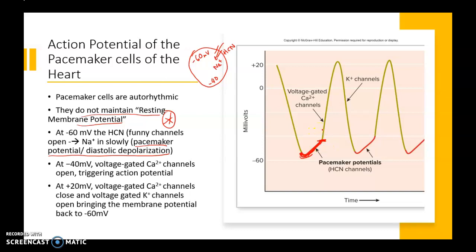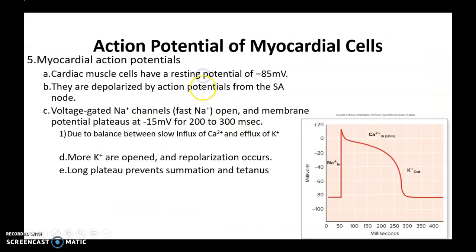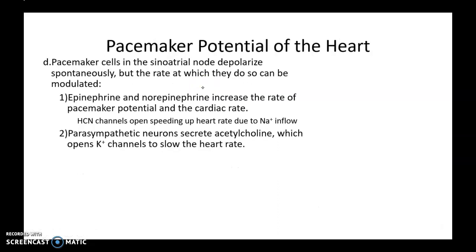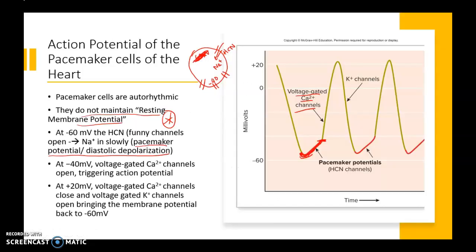what happens? At -40, voltage gated calcium channels open up. At this point you will have all these voltage gated calcium channels open up. And as these channels open, what rushes in? Calcium. So now you will have calcium rushing in.